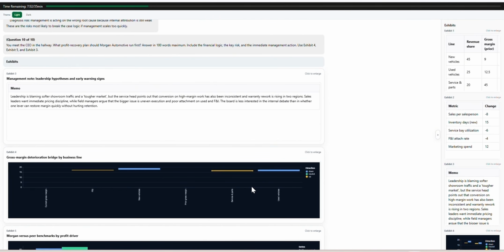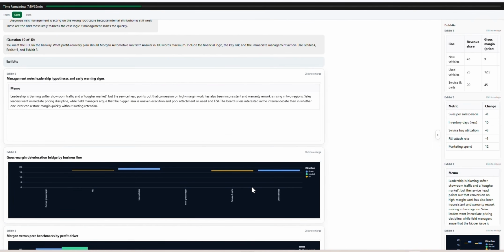Morgan should first stabilize margin in the core vehicle business and lift F&I attach rate in a focused way because the company is facing a $47 million gross profit decline. And even recovering $10 million through F&I alone would require about 5 margin points.